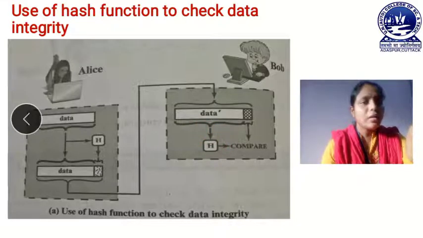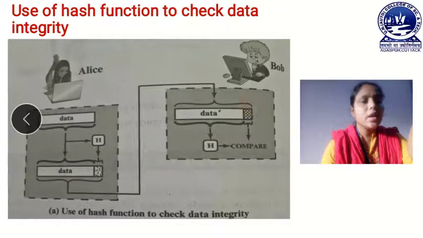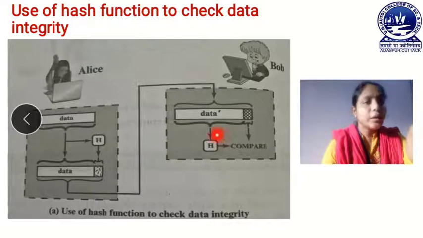Now this hash value calculated by Bob, and this hash value appended with the data, which is coming from the sender, Alice, are compared.